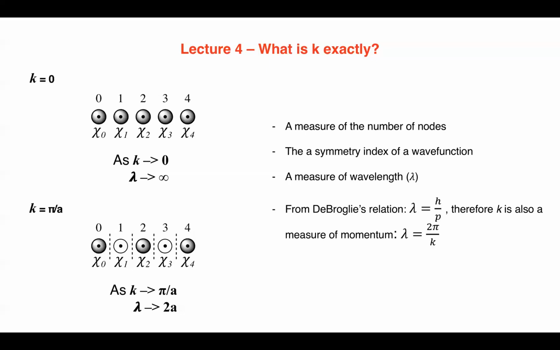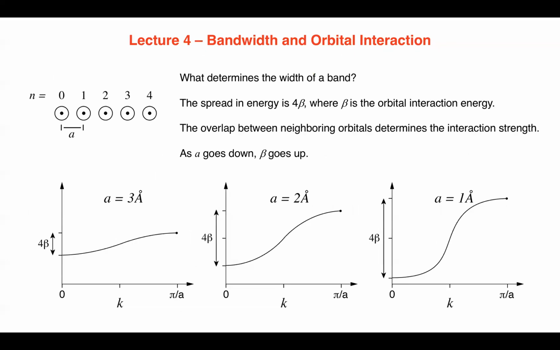It's a measure of the electron's momentum in a classical kind of a sense. So physicists talk about this value of k as a quantum number for a given wave function. And we're going to see a little bit more about how that's useful in just a moment.